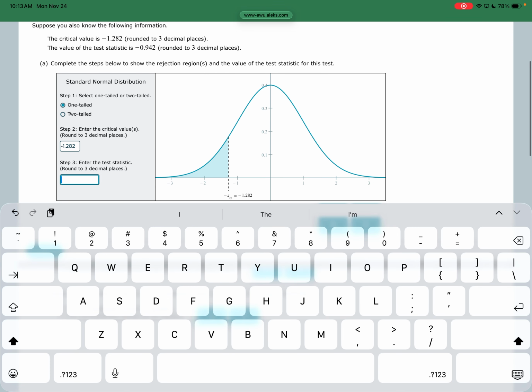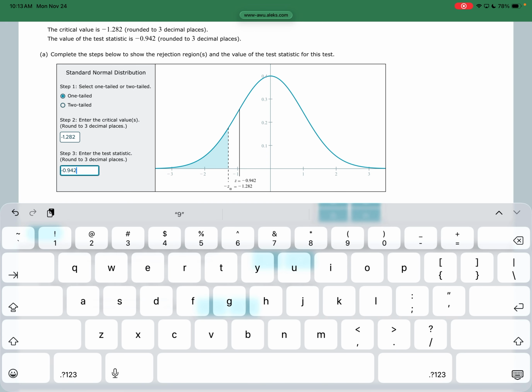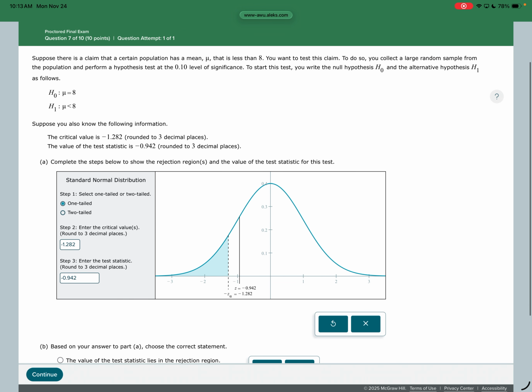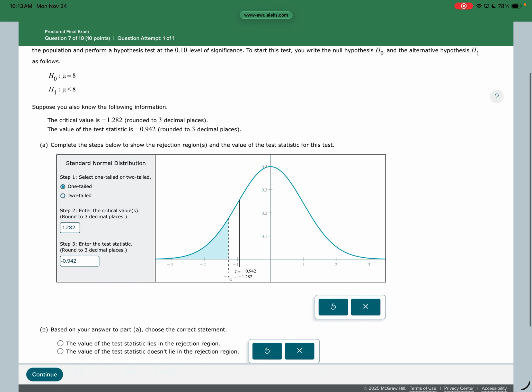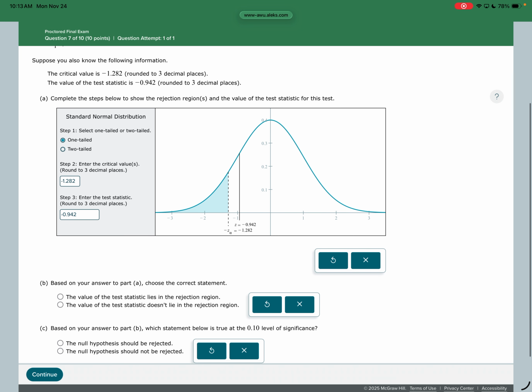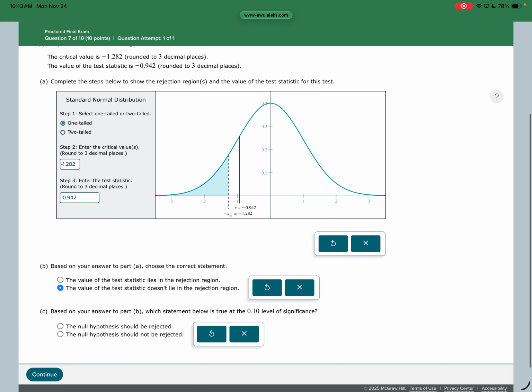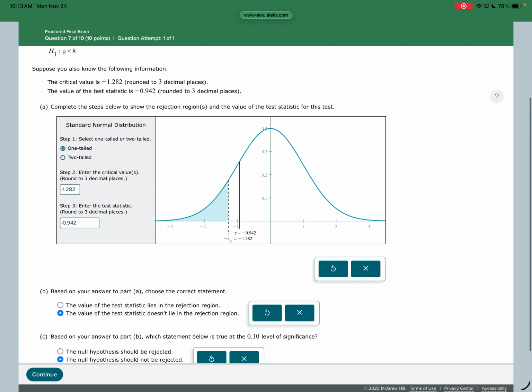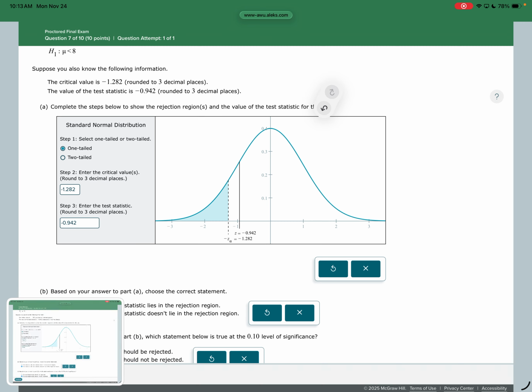The test statistic is negative 0.942. So now we look at this, and our test statistic is outside of the rejection region, so we do not reject, right? So the very, very, very basic ones here to start.